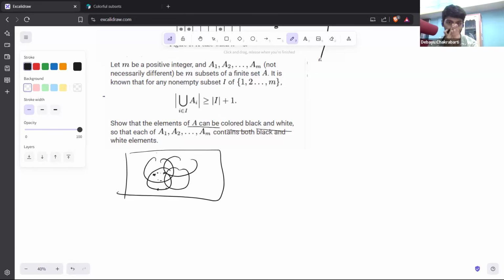So how do you create the graph? Don't think too complicated.